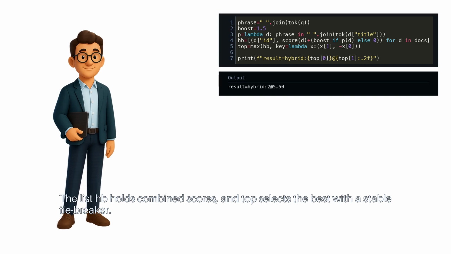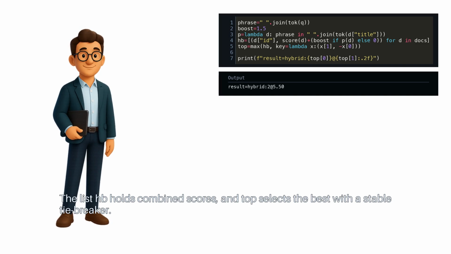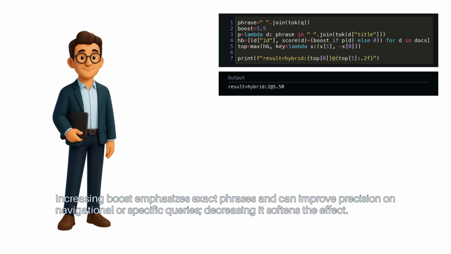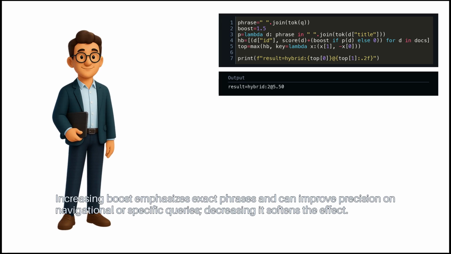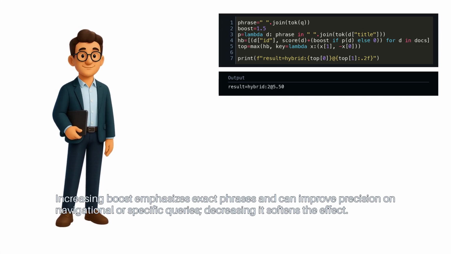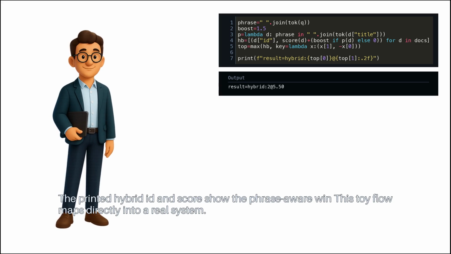The list HB holds combined scores, and top selects the best with a stable tiebreaker. Increasing boost emphasizes exact phrases and can improve precision on navigational or specific queries. Decreasing it softens the effect. The printed hybrid ID and score show the phrase-aware win.